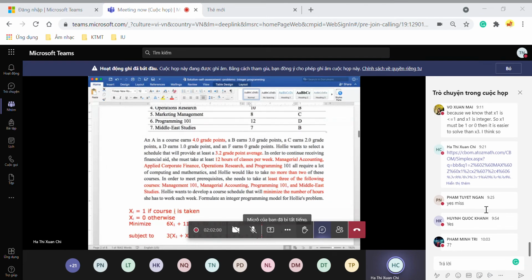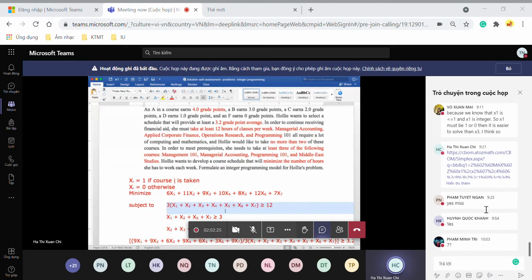The second constraint means she must take at least, greater than or equal to, 12 class hours per week, right? Here is the number 3, the number of hours you must check.